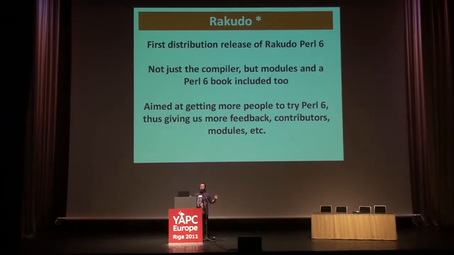So we'd include documentation in the form of a book, we included modules, we included a module installation tool, and so forth. So the idea was that this made it so much easier for you just to get something that you could pick up and just dive into Perl 6.